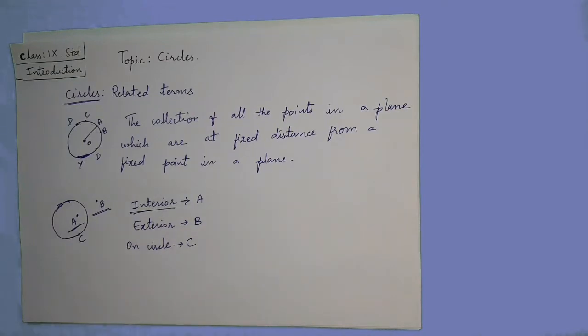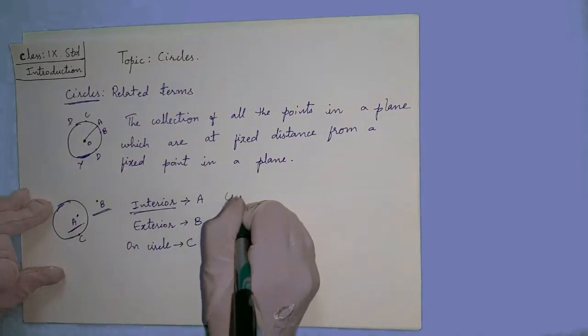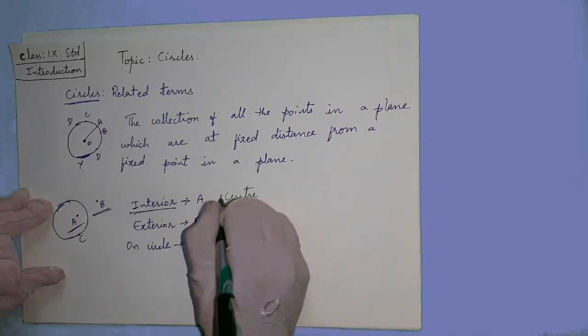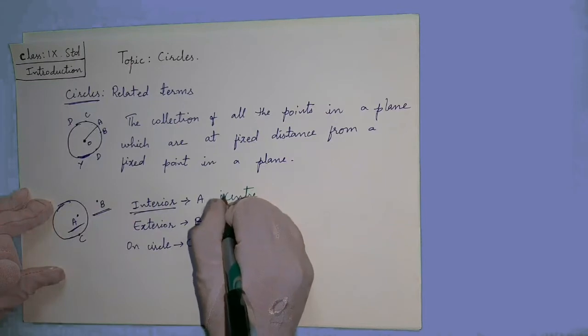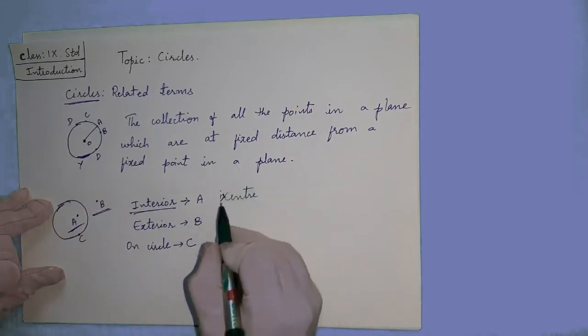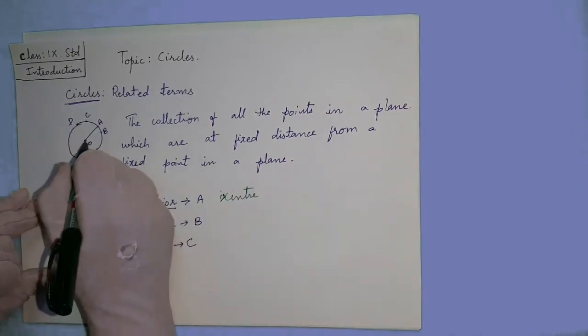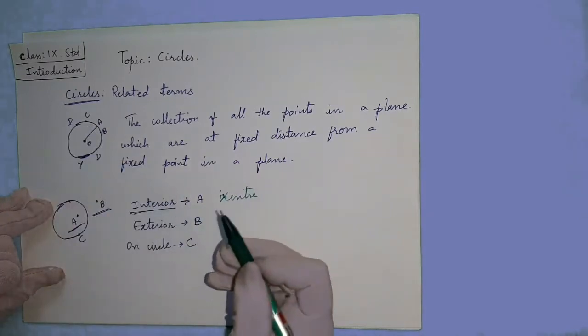Now next we will go to the related terms. The first is the center of a circle. So what do you mean by the center of a circle? After the circle's definition, the center is the fixed point from where you are drawing the circle.